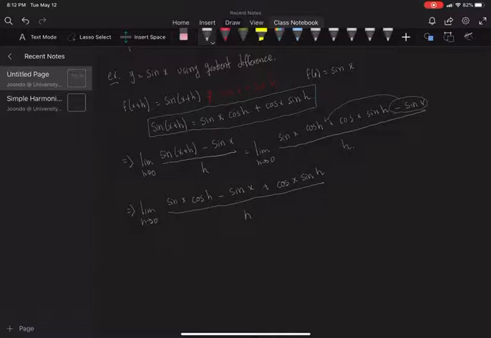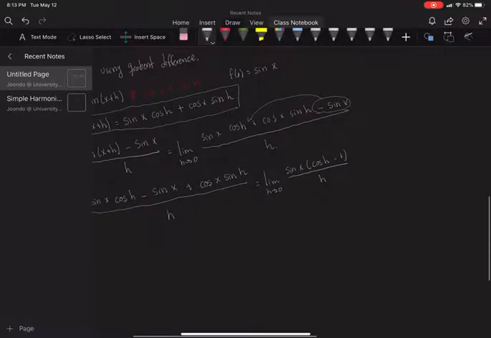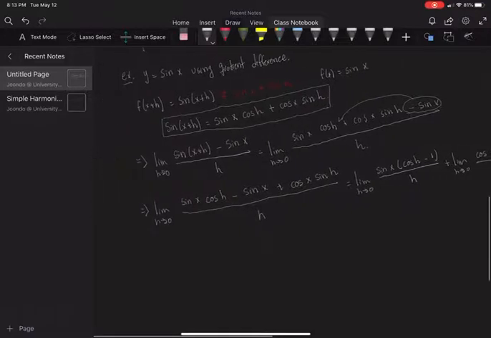Here we can see the sine x and sine x, so we can factor that out. So we have the limit as h tends to 0 of sine x times the cosine of h minus 1 all over h. This is the first limit, plus the limit as h tends to 0 of cosine x sine h over h.